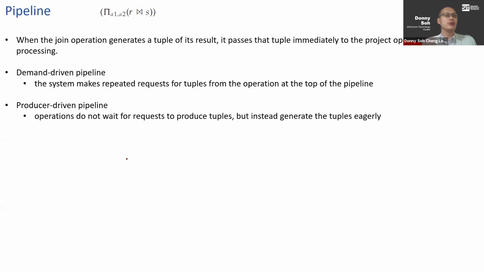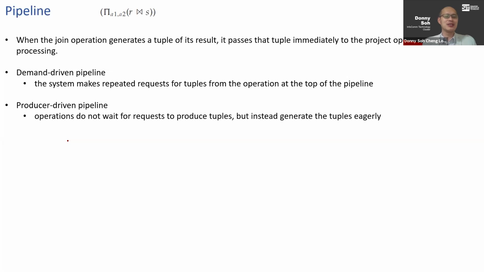When the join operator generates a result, you can pass it directly to the project operator to come up with the final result. Typically, pipeline is used for selections and projections.